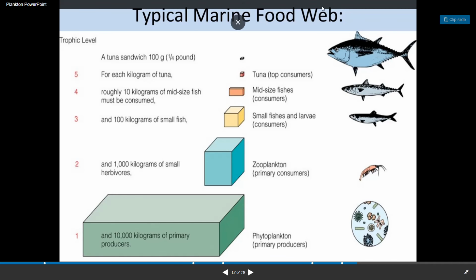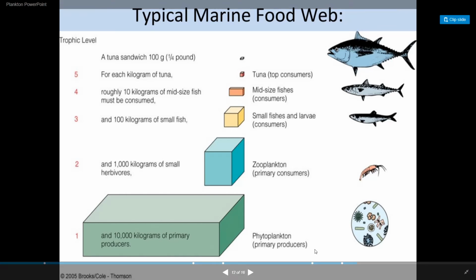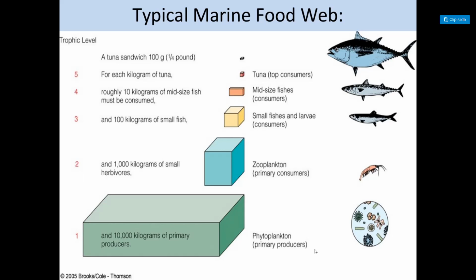So, typical marine food web. You're going to have a tuna as your top consumer, and then mid-sized fish, then small fish, then zooplankton, and then phytoplankton. The further you go down, the bigger the biomass gets, because you need that bigger biomass to support everything as you go up.